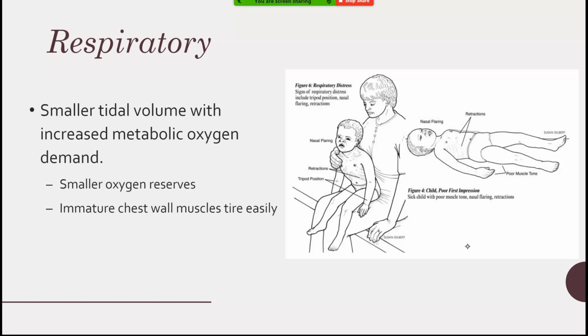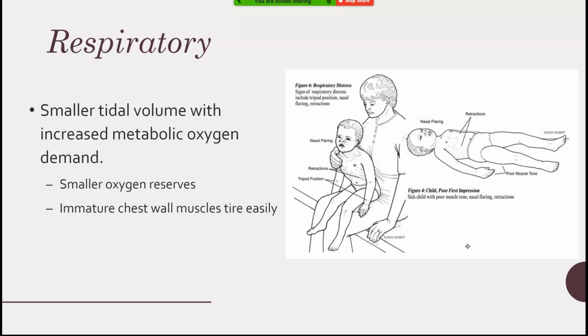We have all of this chest and intercostal muscles and diaphragm to really get a good deep breath. Kids don't have that six pack, so they have a harder time getting good chest excursion. Anything that starts to increase that metabolic oxygen demand is going to make them tired, okay?